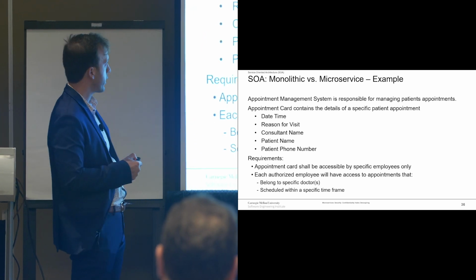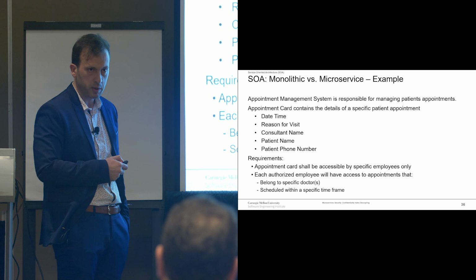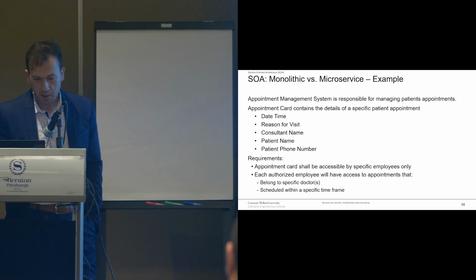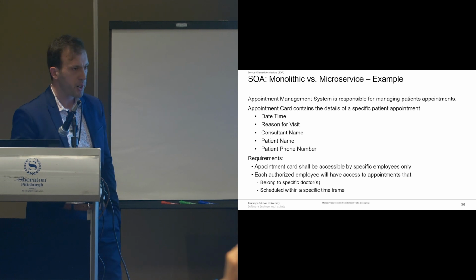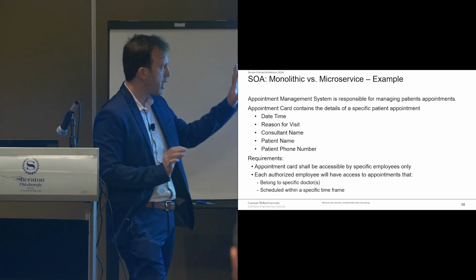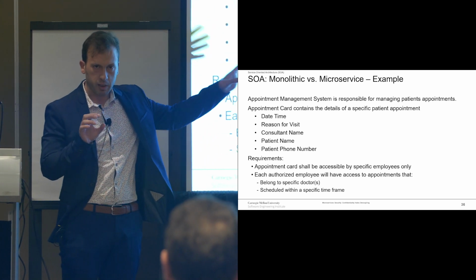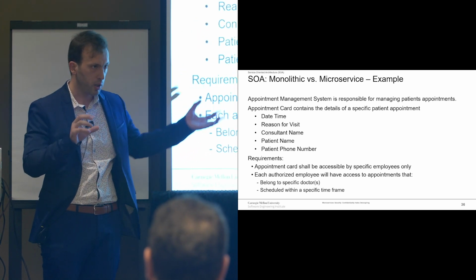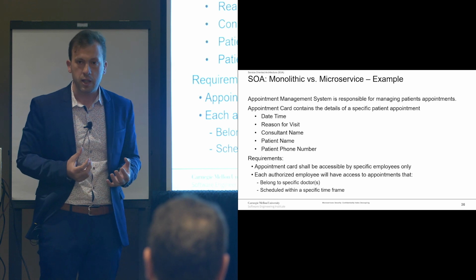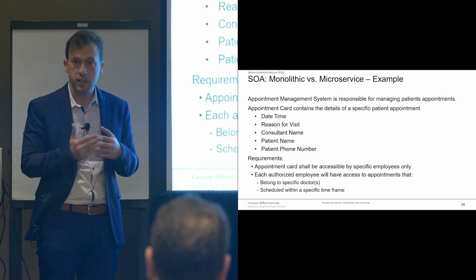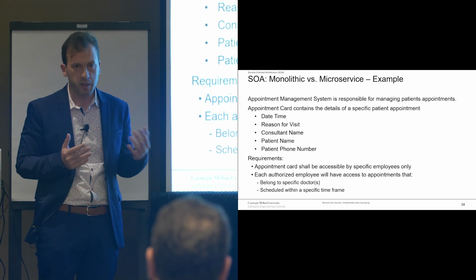It's composed of the date and time of appointment, the reason for visit, the consultant name, the patient name, and the patient phone number. We will see now how to implement this appointment card using the monolithic architecture and using the microservice architecture, and we will see the difference in terms of data confidentiality. Okay?